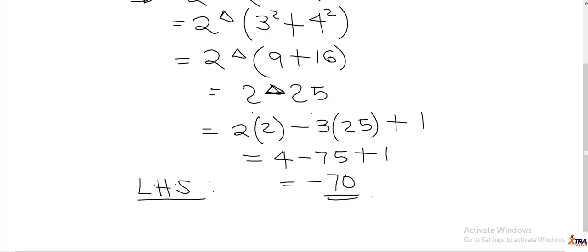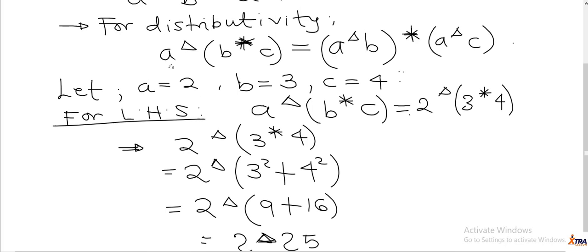Now let's expand the right hand side and see if we'll be getting the same values. Since we are done with the left hand side here, we'll be looking at the right hand side now.